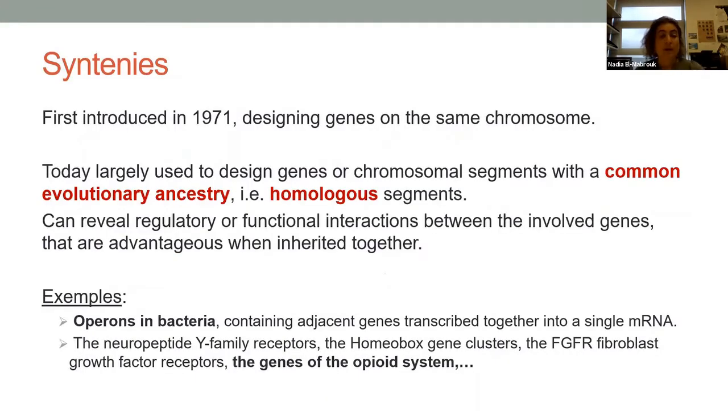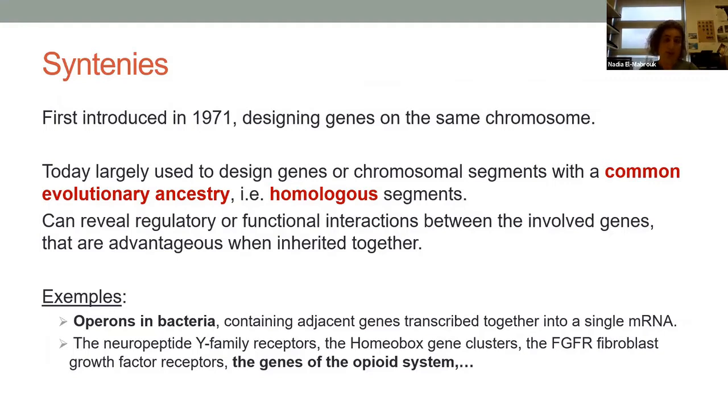Initially, the term synteny was just used to designate genes on the same chromosome with a genetic distance that could not be determined by the frequency of recombination inferred from gene mapping.